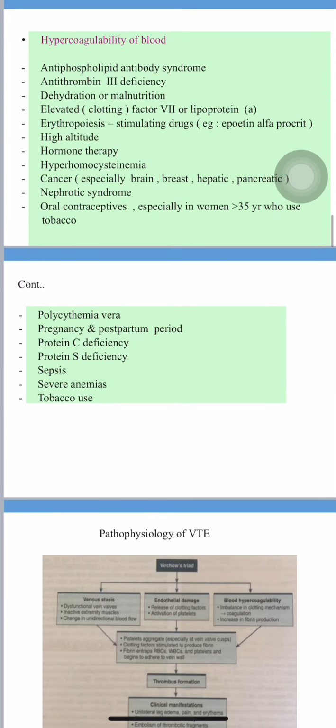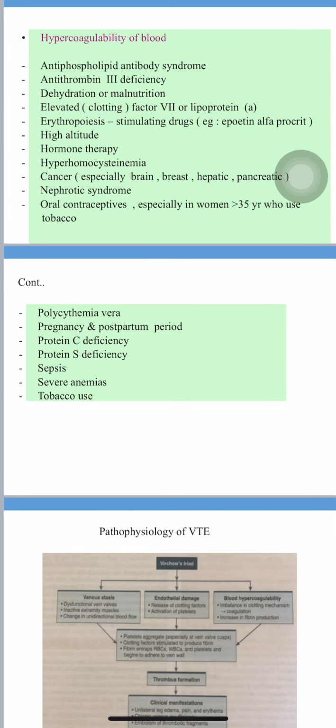Next is polycythemia vera, pregnancy and postpartum period, protein C deficiency, protein S deficiency, sepsis, severe anemias, and tobacco use. These are the disorders which lead to hypercoagulability of blood.